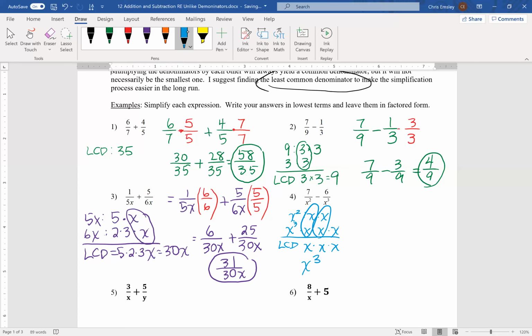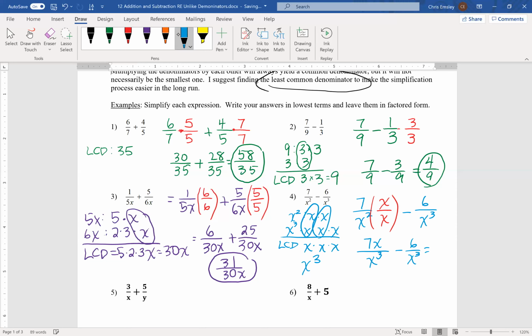That means 7 over x squared we need to multiply by x over x to get an x cubed in the denominator, minus 6 over x cubed. That one already has the common denominator, so we don't have to change it at all. So again, multiplying 7 times x and x squared times x.